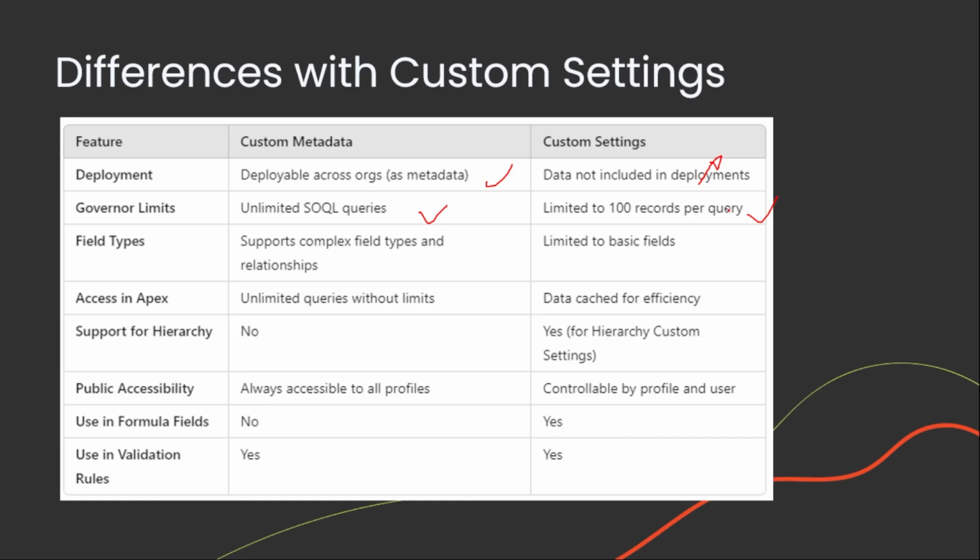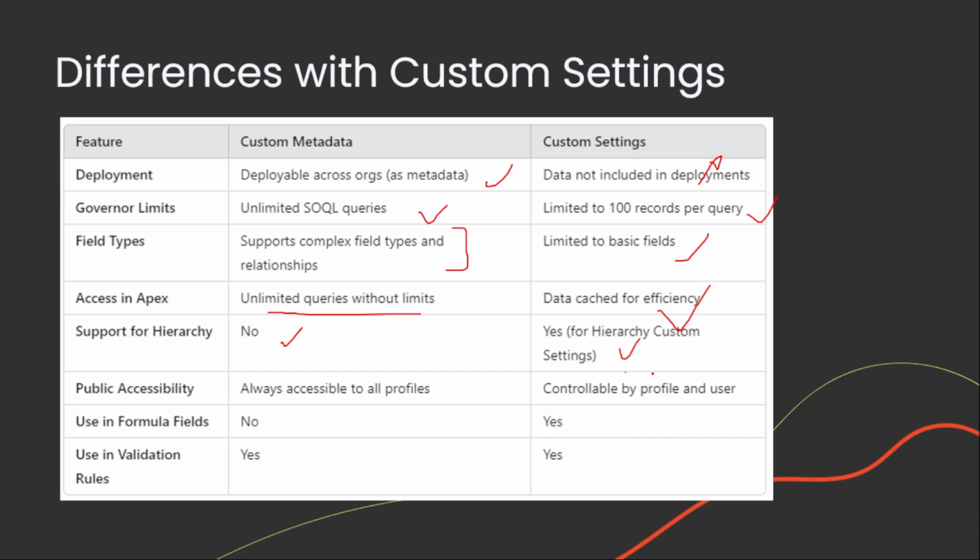Field types: custom metadata supports complex fields like lookup, master detail, and all those kinds of fields, but custom settings do not support those relationships, right? You can have unlimited access of queries in Apex classes, but in case of custom settings, data is cached for efficiency. Support for hierarchy: no for custom metadata, and yes in case of custom settings.